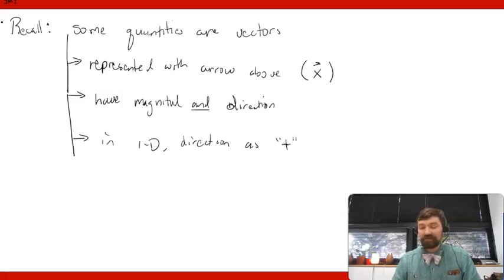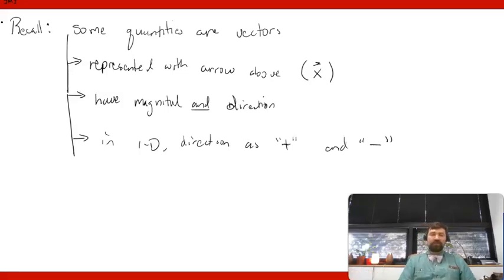An object that is moving upward, we might say, has a positive velocity. An object which is moving downward has a negative velocity. An object which is thrown near the Earth's surface, taking the upward direction as positive, would therefore have a negative acceleration, and so on. Okay, that's one dimension.